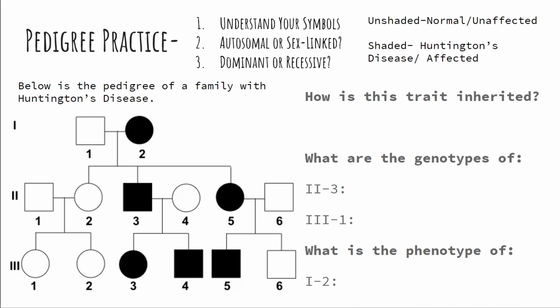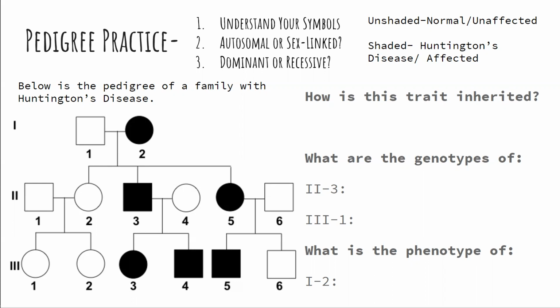How is this trait inherited? Well, the first thing we have to see is whether it's autosomal or sex-linked. Remember, autosomal traits affect both males and females equally, whereas with sex-linked traits, more males are affected than females. So, looking at this pedigree, are more males affected than females, or are males and females affected equally? Let's count.